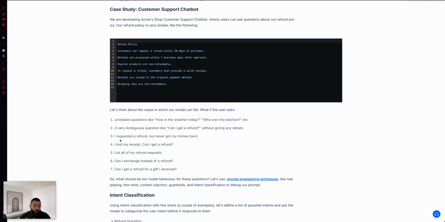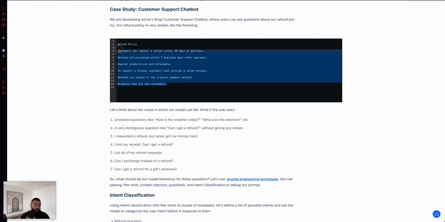Or the user asks for a refund, but we don't have any tools to be able to generate the request or get the status of the refund, go to the user profile, get some information. But maybe the LLM generates some made up answers. Or some unclear questions like, I received a gift, can I get a refund for that? Or can I exchange instead of refund?